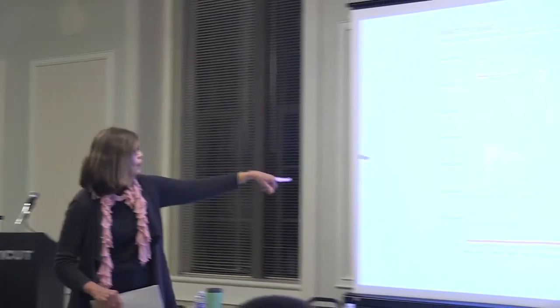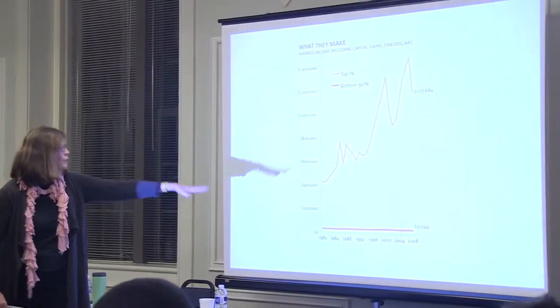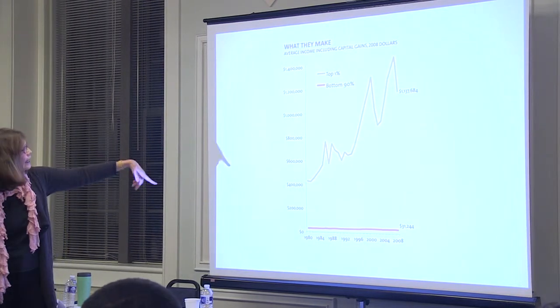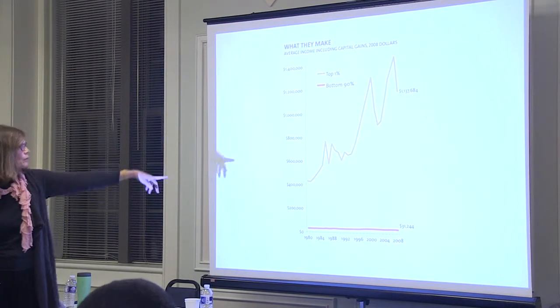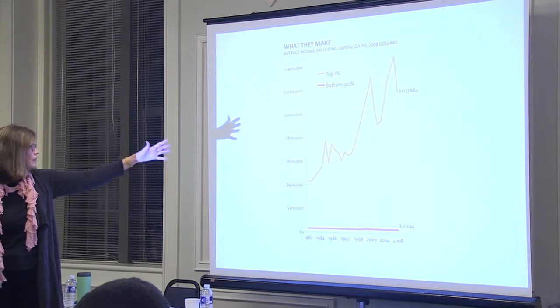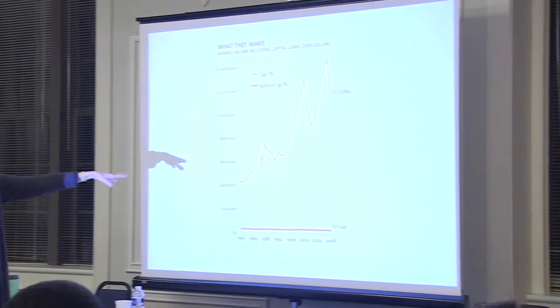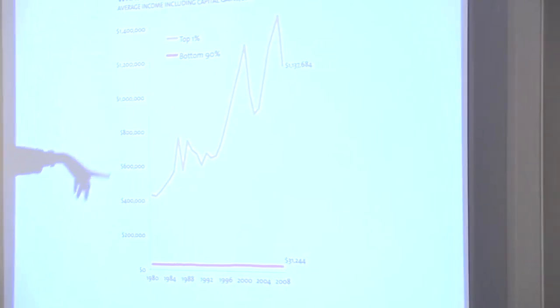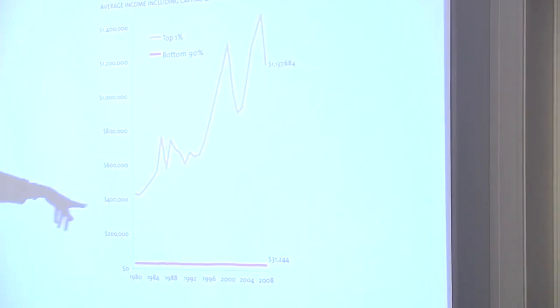Now, what do people in these various categories, shall we say, make? So this picture shows what's happened to income from 1980 to 2008. The top line is the top 1%, and it shows that in the last 28 years, their income has gone from an average of $400,000 to about $1.2 million in 2008.